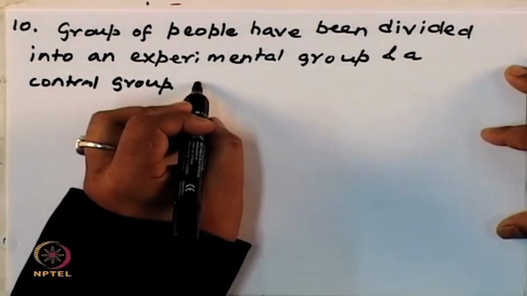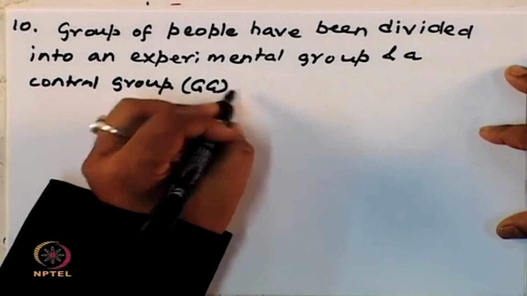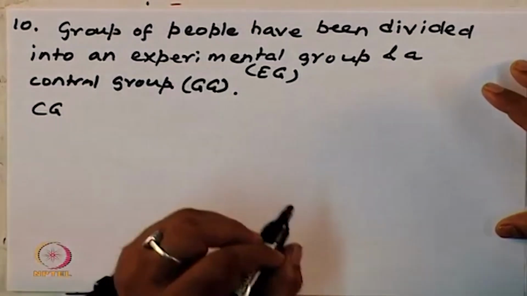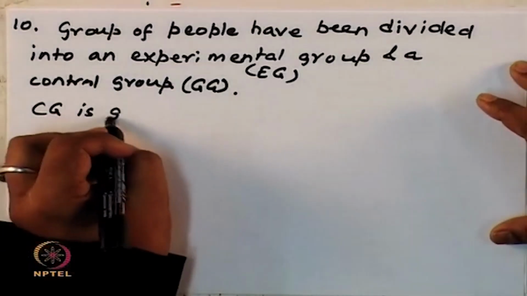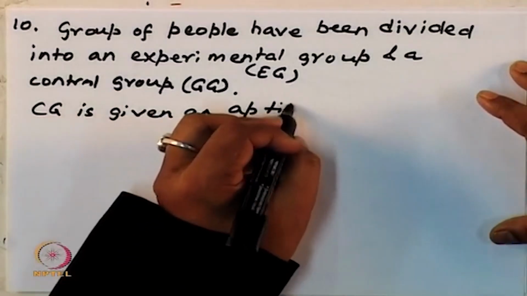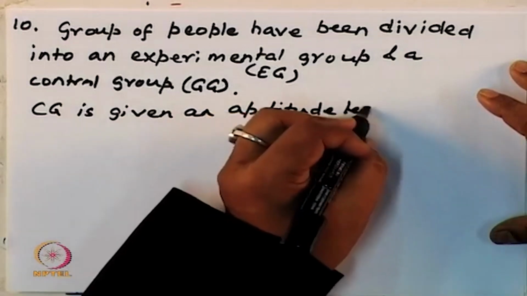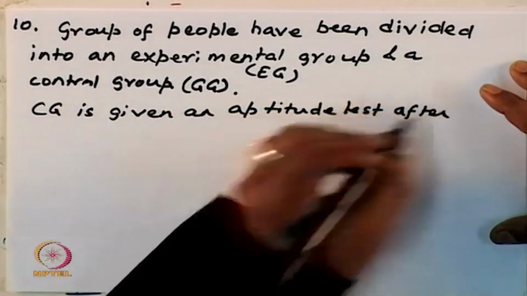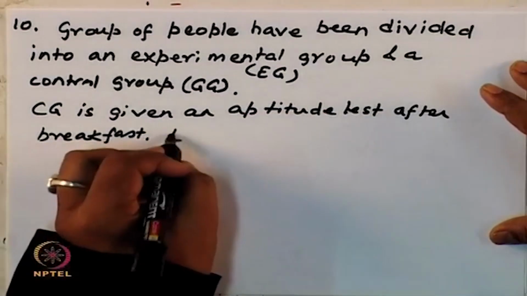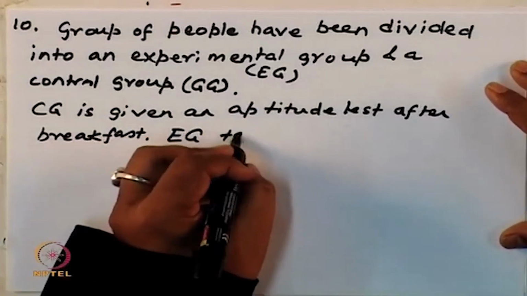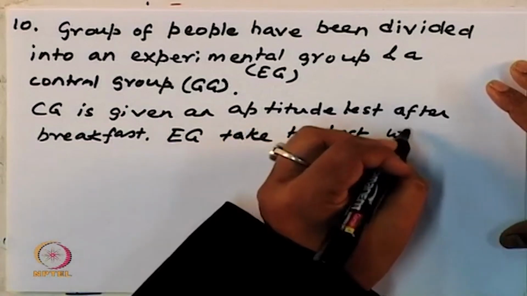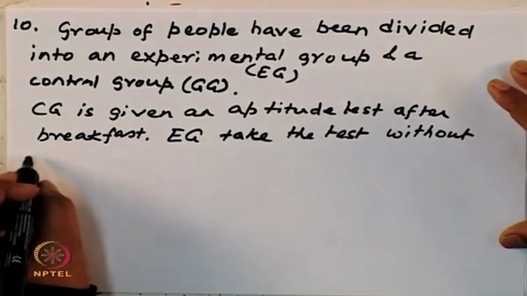Okay. So, I will write CG for control group and EG for experimental group. So, your CG is given an aptitude test after breakfast, versus the experimental group takes the test without breakfast.